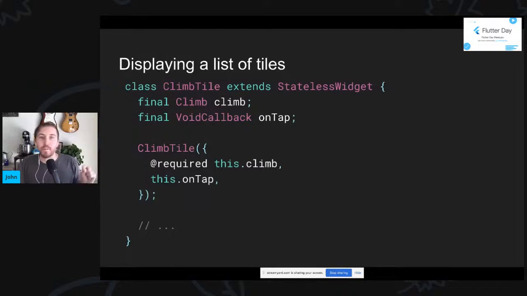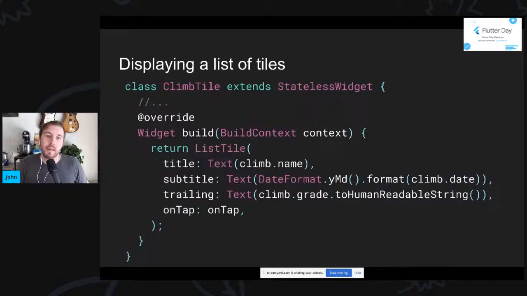So I know when the user taps on this, we might want to show the editing page, for example. And we'll just use a list tile for this. Don't worry about the details here. I'm just using the Intl package to format the date to a string and also show the human readable grade.